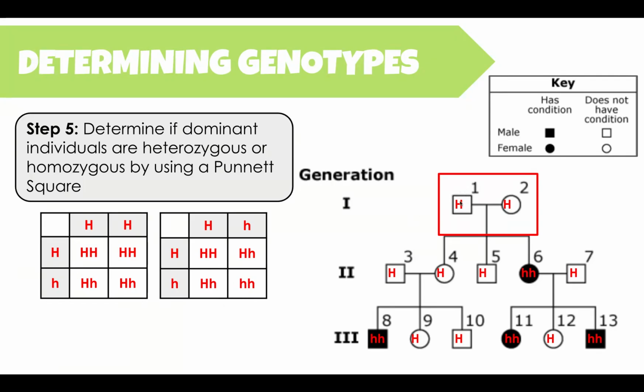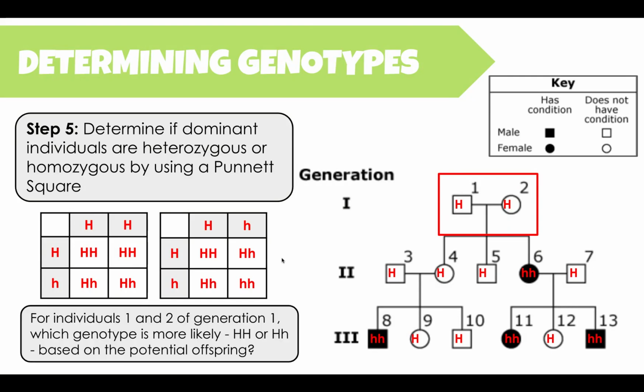I didn't even do big H across 1 and 2 because I know if both parents were big H, all the offspring had to be big H. Like it's not even a possibility for them to be that because I have an offspring little h. So I know parent 1 and parent 2 have to be big H, little h. It's the only way they have an offspring number 6 that is little h.